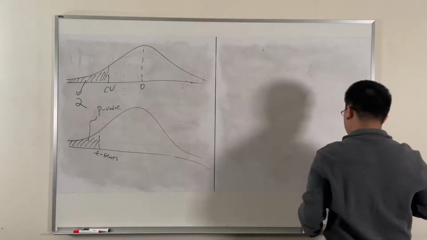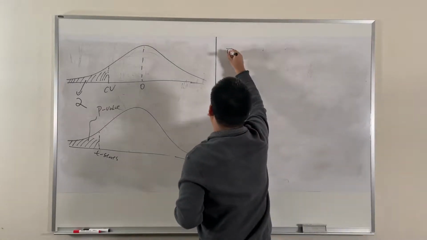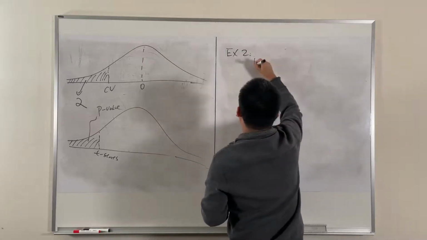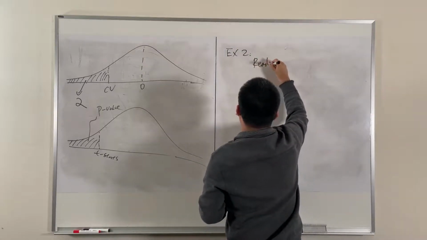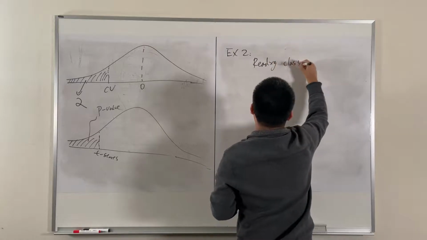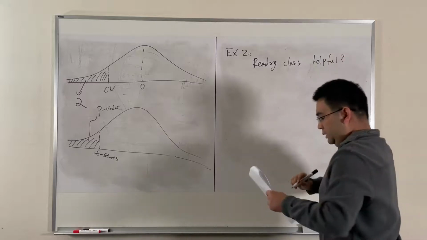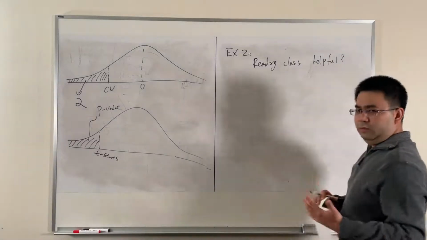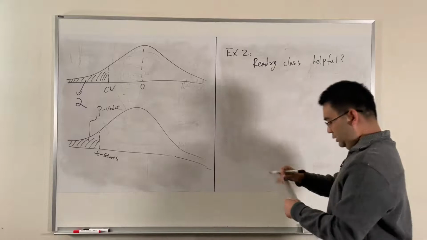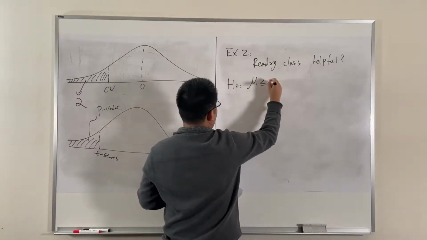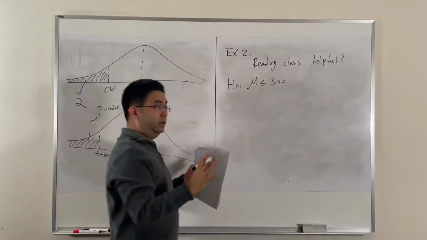Okay, so this is example 2. Example 2 is asking the question whether a reading class is helpful or not, right? So in this case, remember the national average was 300, so the null hypothesis is mu less than or equal to 300, so it's not helpful, right?